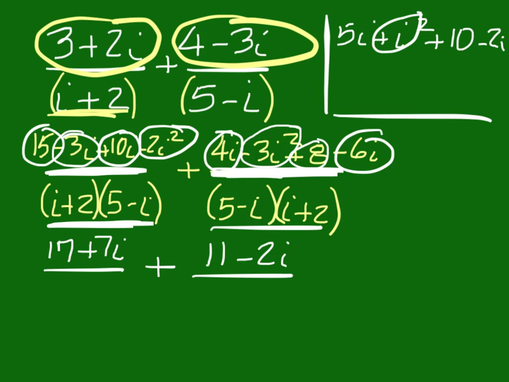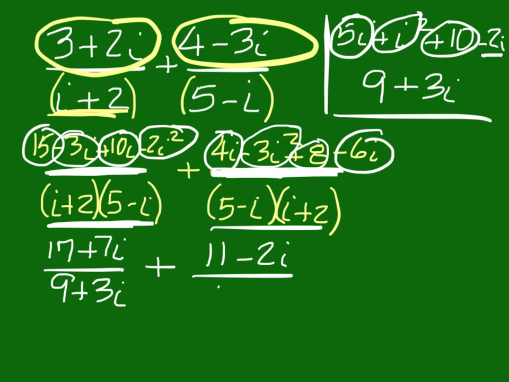So that's going to give me a minus 1 and a 10, which is a 9, and then 5i minus 2i is 3i. So we need 9 plus 3i here and here. So now let's combine them into 1 to make 9 plus 3i.